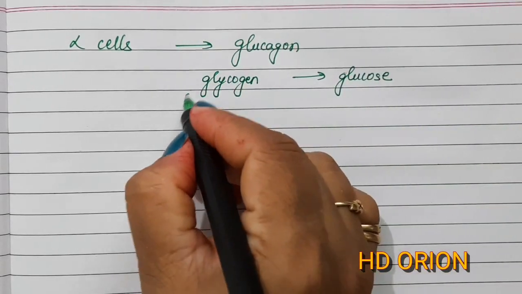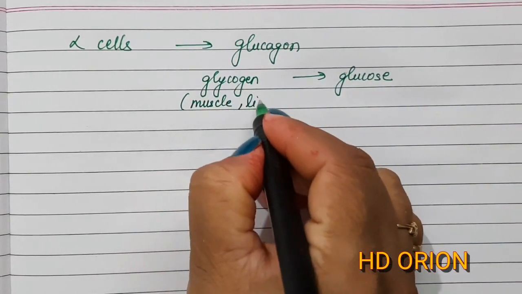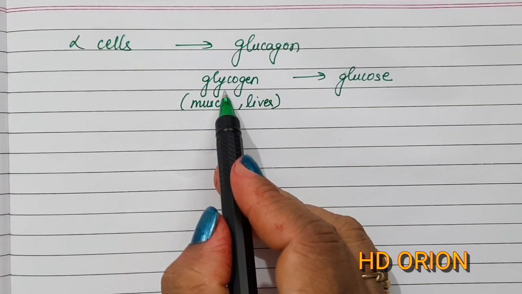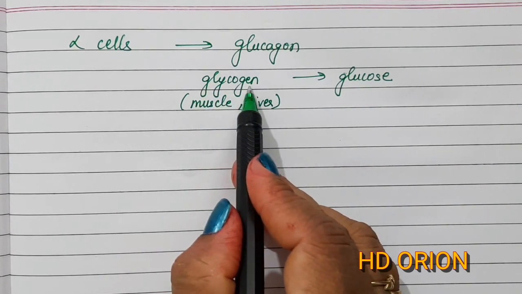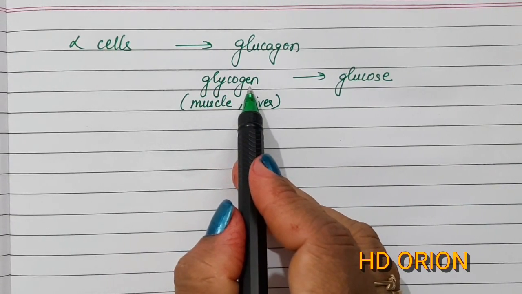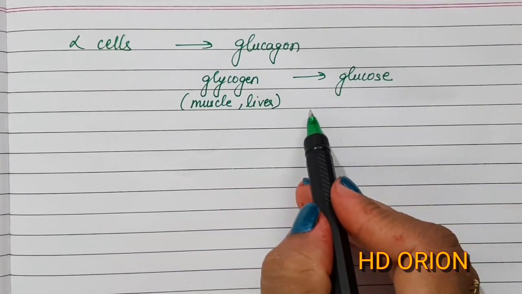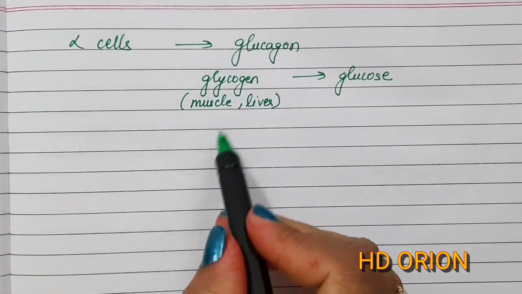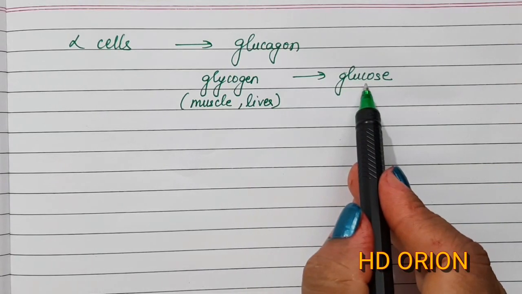This glycogen is stored principally in the muscle as well as in the liver. So this is the reserve form of glucose. Whatever glucose is extra in the cells is converted into glycogen. So whenever there is a need, whenever you are fasting, or whenever there is less amount of glucose, one has not eaten, the glucagon is secreted by the alpha cells, and the stored glycogen it converts into glucose.